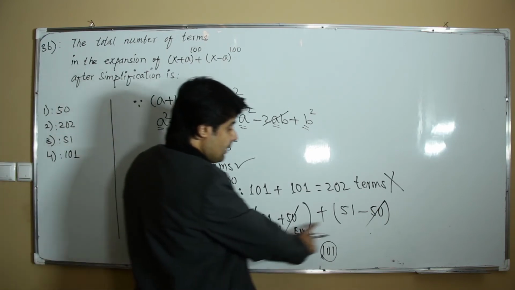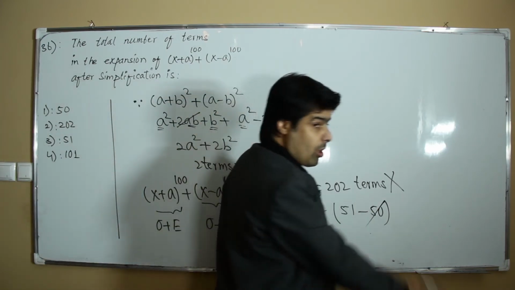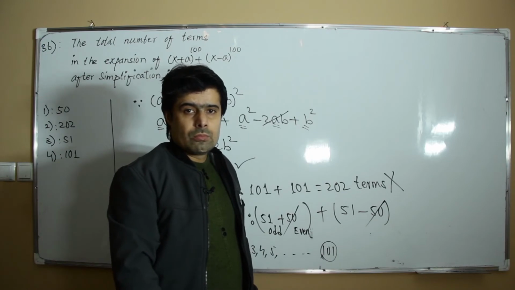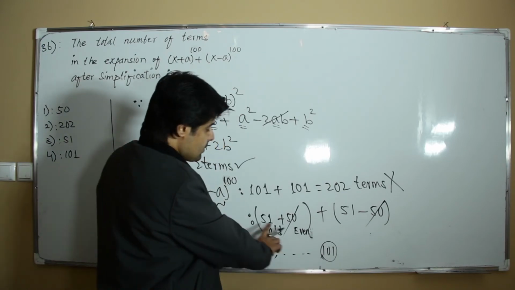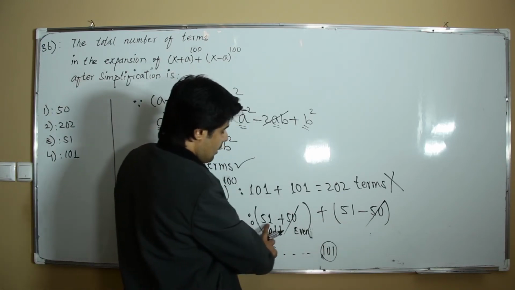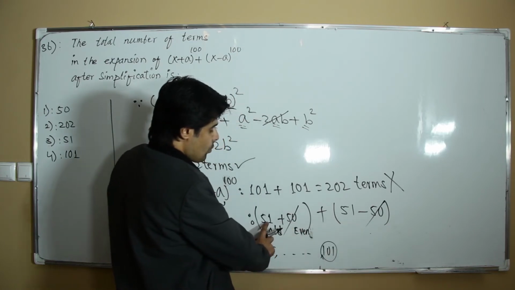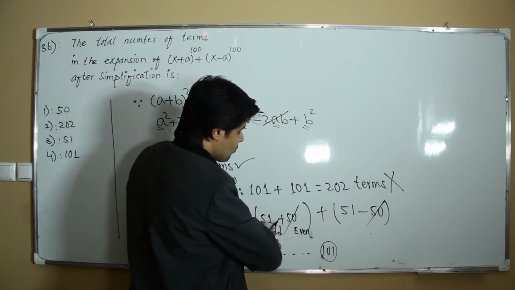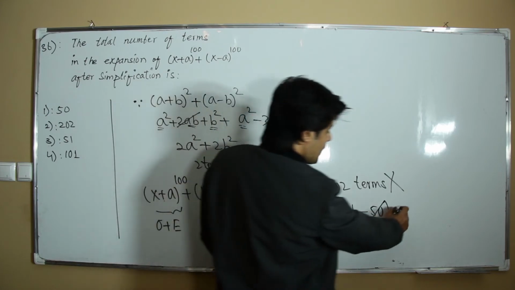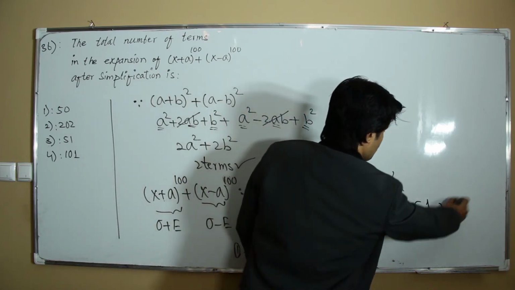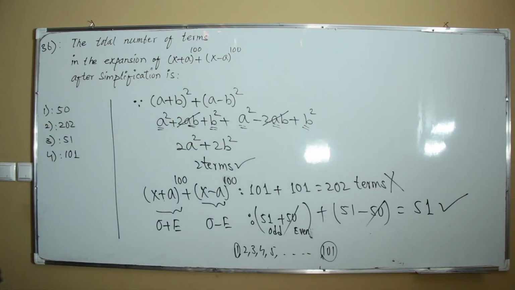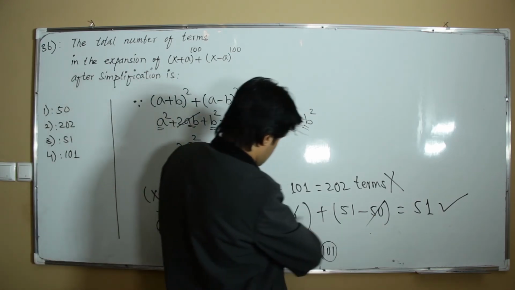And 51 plus 51 is not 102. This 51 and this 51, they are same. So we have 51 same terms, which is 51. 51 terms and 51 terms are like terms.